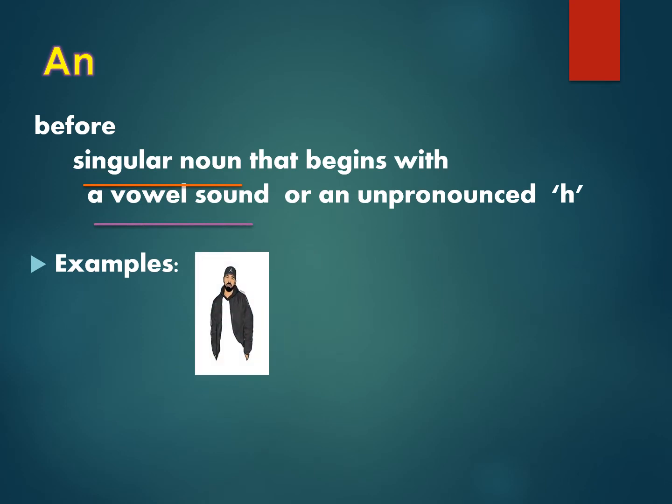First one, an adult. In this, the noun is adult. The noun starts with vowel sound a. So article an comes before the noun adult.